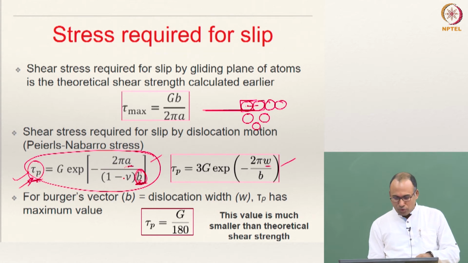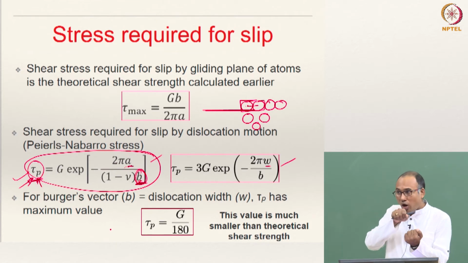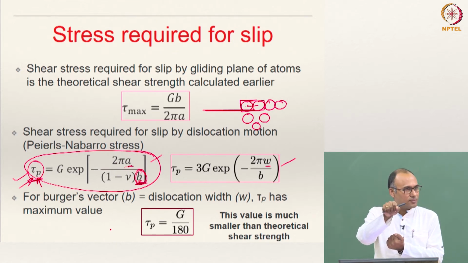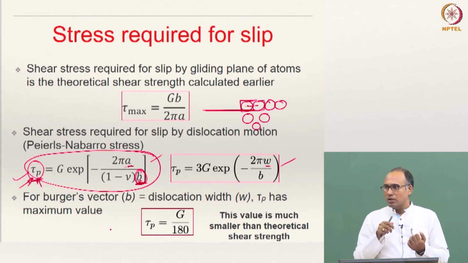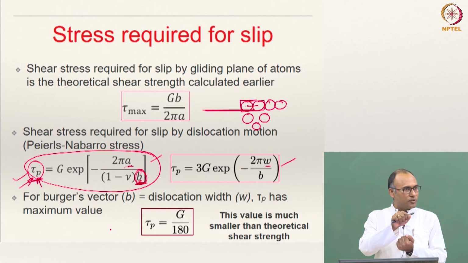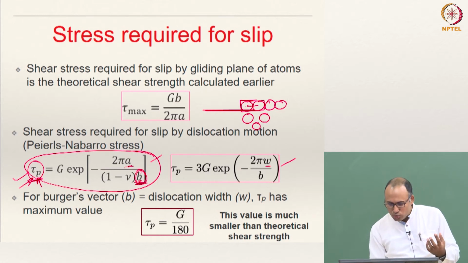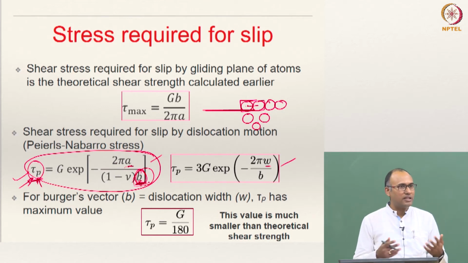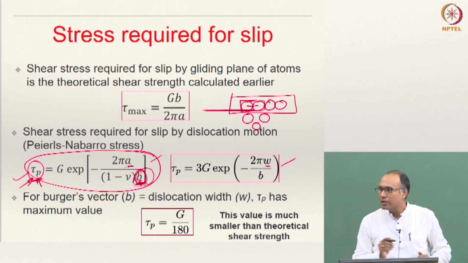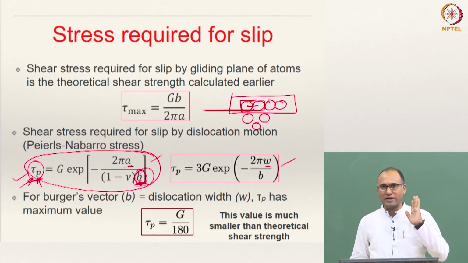If you increase the value of B, then tau p increases. What is the meaning of that? That means the stress required to cause slip is going to increase. So if you want to cause plastic deformation or slip with minimum stress, the best bet is to choose a direction in which B is minimum, and that happens to be the close packed direction. That is why dislocations prefer to move in close packed directions.